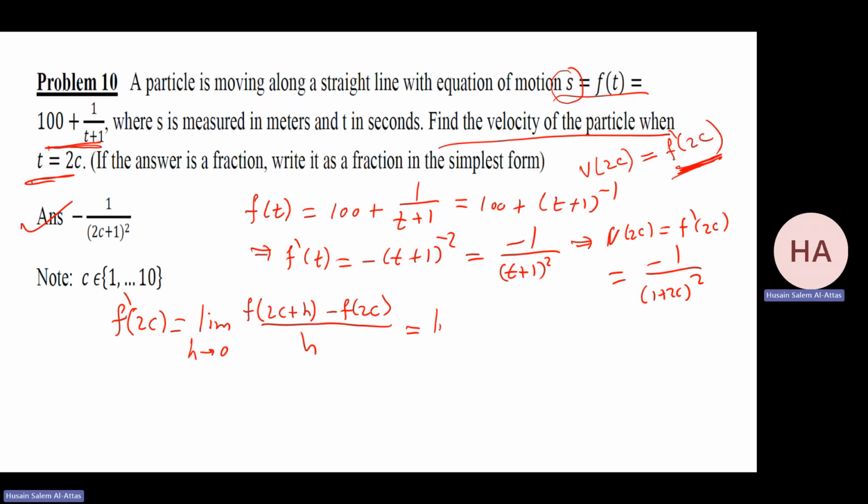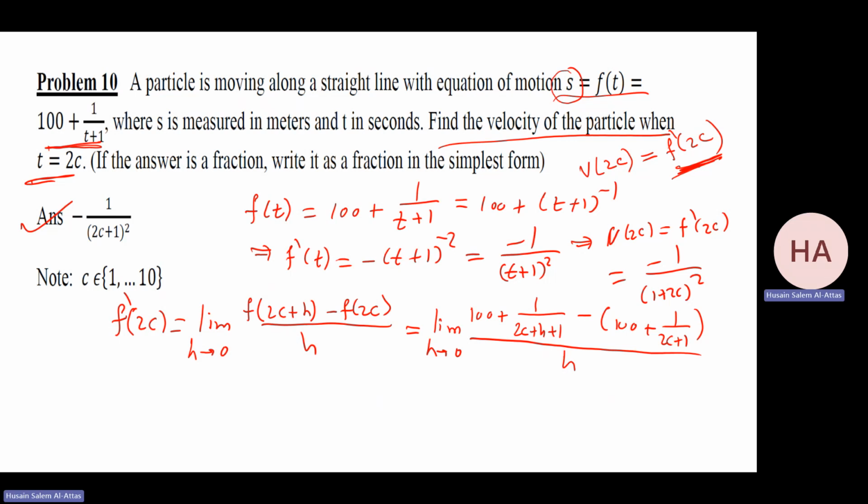And that, let me just substitute, will be 100 plus 1 over 2c plus h plus 1. F of 2c is 100 plus 1 over 2c plus 1. Or over h.